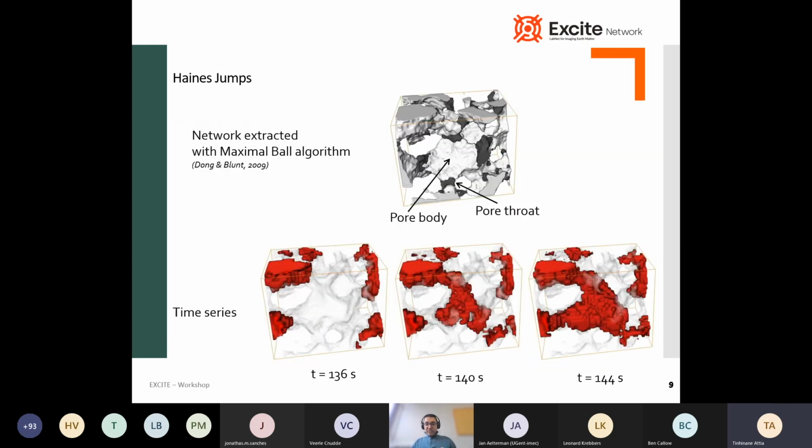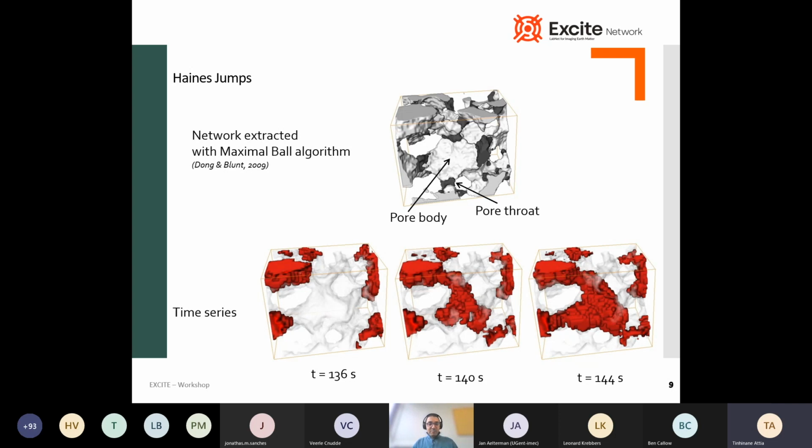Other than the visualization of the dynamic process, we can also implement algorithms to define and locate individual pores. For example, here the pores were identified and labeled, and based on this labeling, we could analyze the invaded pores. If we have a closer look, we can see that at 136 seconds, this pore, located in the middle, is still empty.